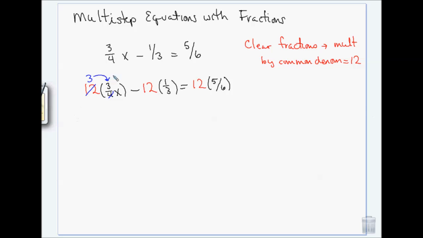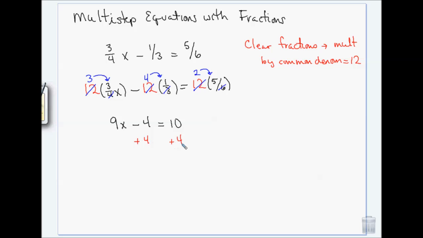And then 3 times 3 is 9. So I have 9x. 3 goes into 12 4 times, and then 4 times 1 is 4. So I have 9x minus 4. And then 6 goes into 12 twice, and I have 2 times 5, that's 10. So now I have 9x minus 4 equals 10.